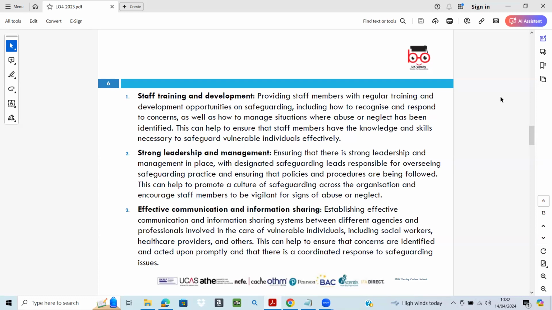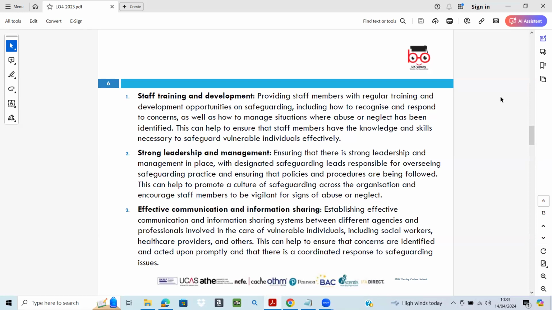Regular training ensures that staff are up to date on the latest safeguarding techniques and legal requirements. It also reinforces the importance of their role in safeguarding, ensuring they remain vigilant and prepared to act correctly in any situation. So, training is not just about being aware, it's about being prepared to take the right action effectively and confidently.